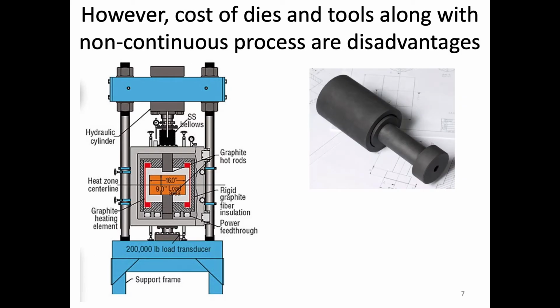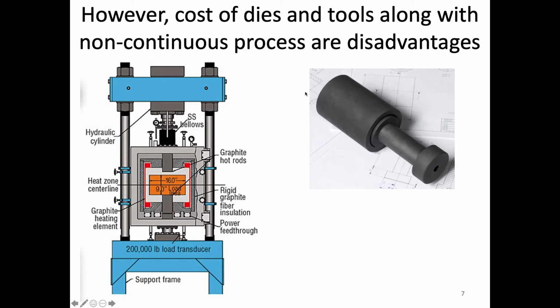But because of this setup that you're seeing here, it's not trivial to combine a hydraulic press with a furnace, because the dies and the tooling that we use have to be designed for these high temperatures and different environments.